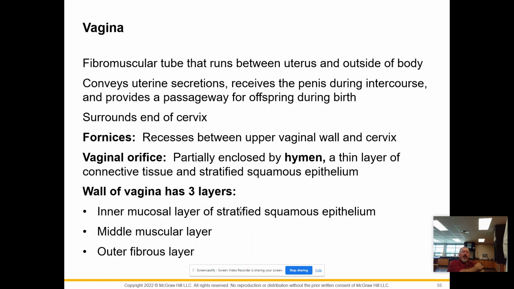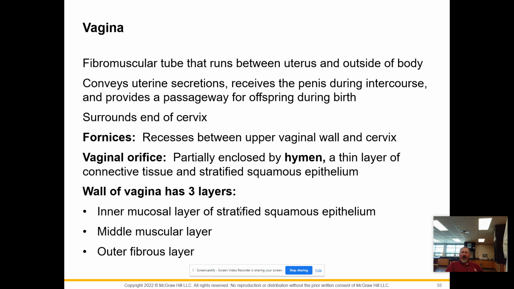All right, so the vaginal orifice, the opening to the vagina, is going to be partially enclosed by a hymen. And this is a thin layer of connective tissue, and it's made of stratified squamous epithelium. And this is something that oftentimes is broken or torn upon a person's first sexual experience.